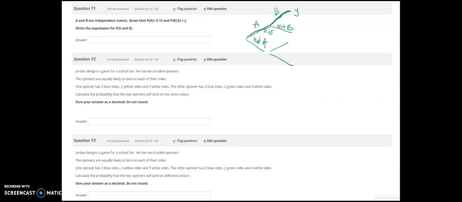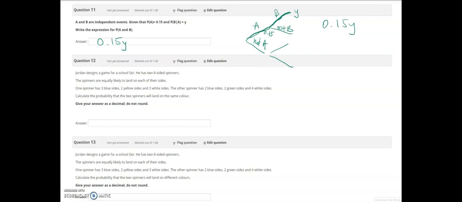So we go across the tree diagram, which means we multiply 0.15 with Y. So a way to write that is 0.15Y.